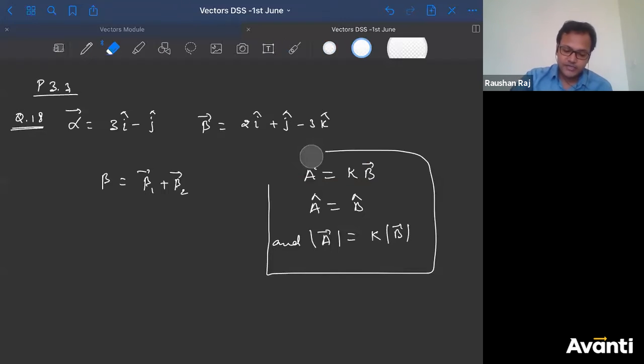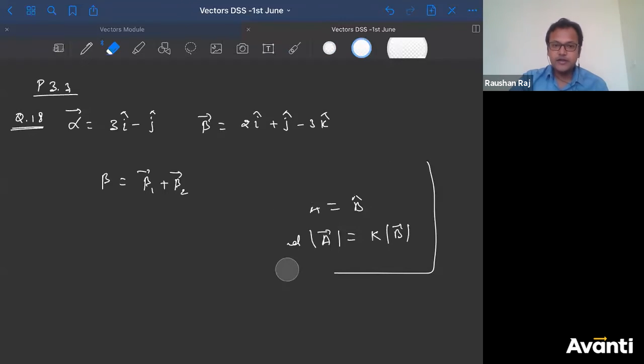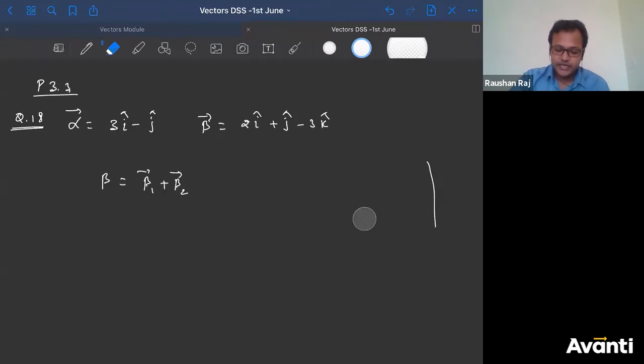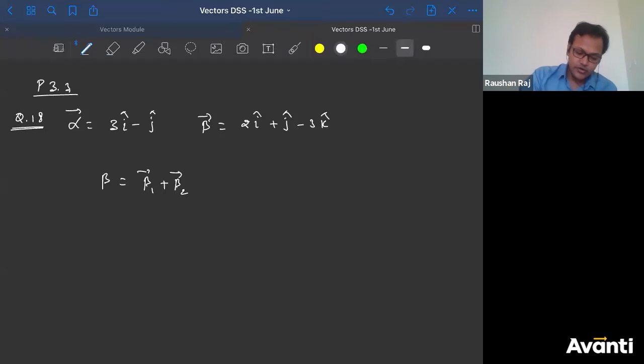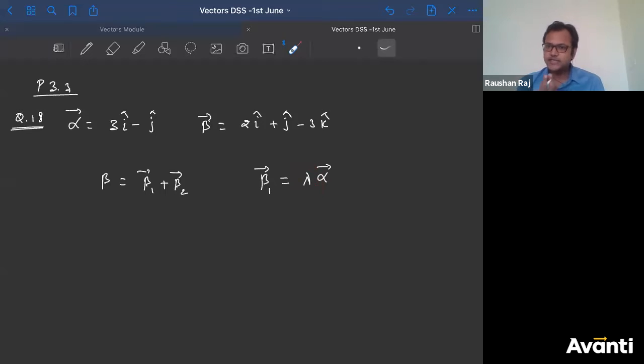So whenever somebody asks you to write a vector which is parallel to some other vector, the first thing that you should do is express that particular term in terms of a linear multiple. So if beta 1 is parallel to alpha, I'll write beta 1 is equal to, let us say, some lambda into alpha. And what is lambda there? Lambda is a constant, a scalar quantity.